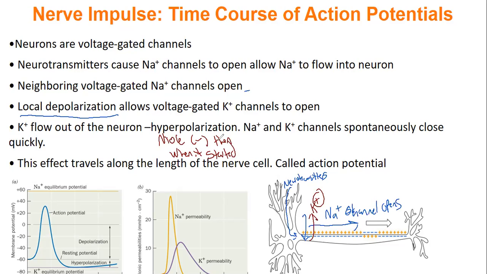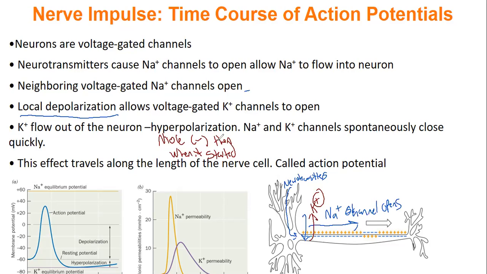So sodium channels open, sodium flows in, neuron becomes positive, right? This causes potassium channels to open, potassium flows out of the neuron, goes back negative and becomes really negative. This hyperpolarization will cause sodium and potassium channels to close, right? And so we have restored locally the negative charge inside the cell.